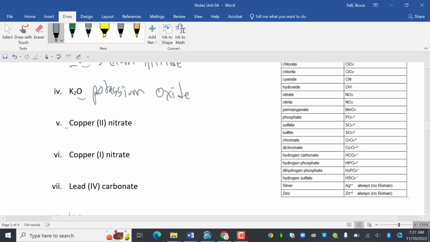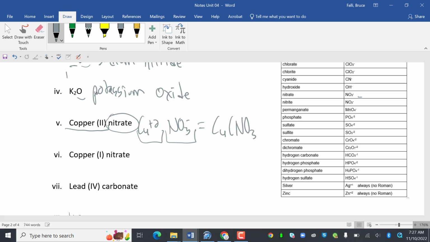Okay, copper 2. So what that means is I'm going to write Cu plus 2. Nitrate. Uh-oh, doesn't end in I, so I'm going to look in my ion sheet. Nitrate is NO3 negative 1. Do you see how it's going to take 2 nitrates to balance a plus 2? Plus 2, minus 1. It's going to be Cu(NO3) taken twice.